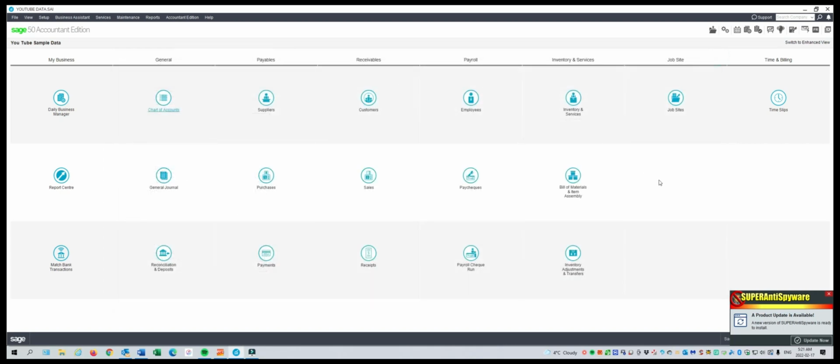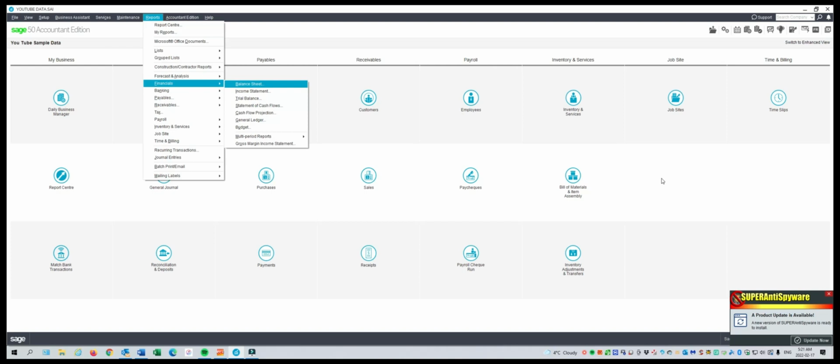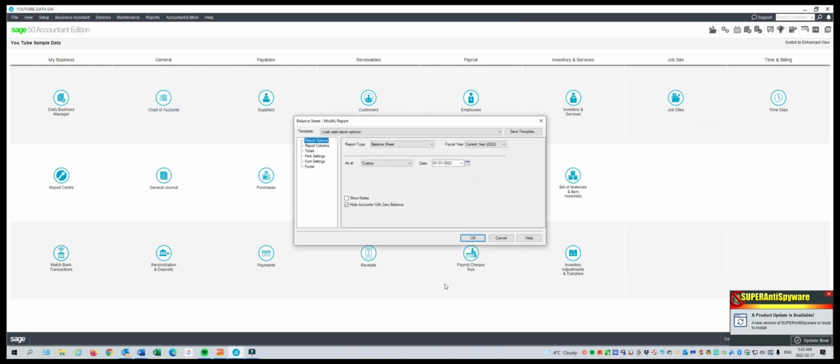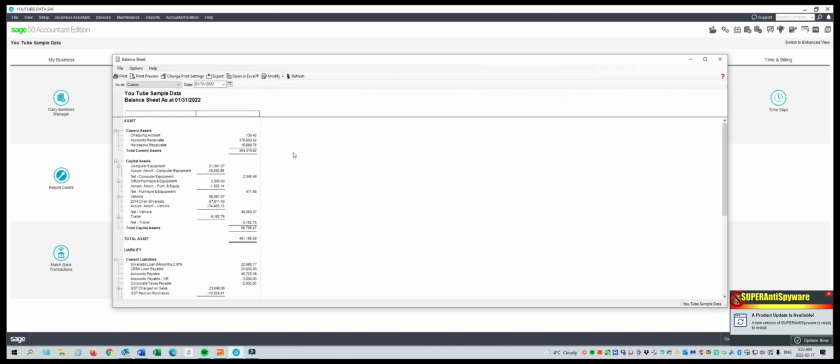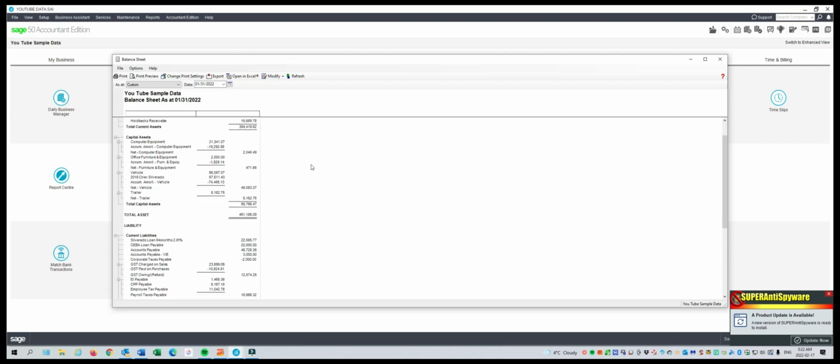So we'll close that screen out and we'll go into our report section again, and we're going to display our balance sheet. This is where I get a lot of questions and confusion as to what these numbers mean. So the first section is your current assets, which is your liquid assets, your checking, accounts receivable, holdbacks receivable.